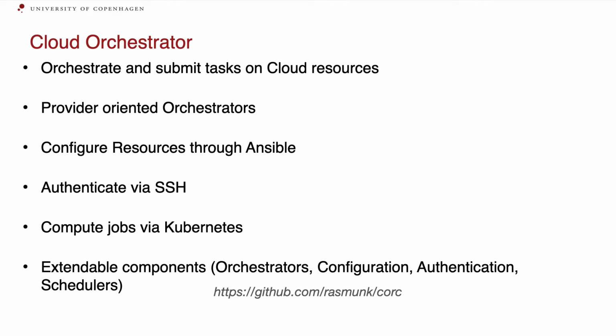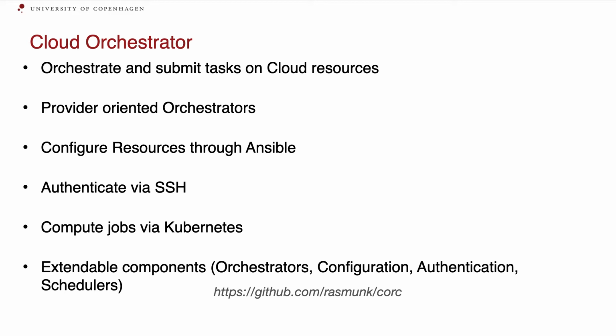And the same goes for how you configure the resources that you orchestrate. So currently we allow you to orchestrate the resources through Ansible. The default is to authenticate against resources with SSH, and currently the scheduler that's implemented, if you want to do other tasks such as submit a lot of batch jobs, then we enable you to use a Kubernetes cluster on the provider.